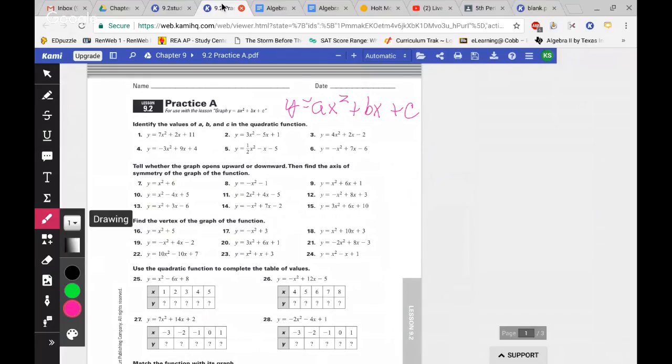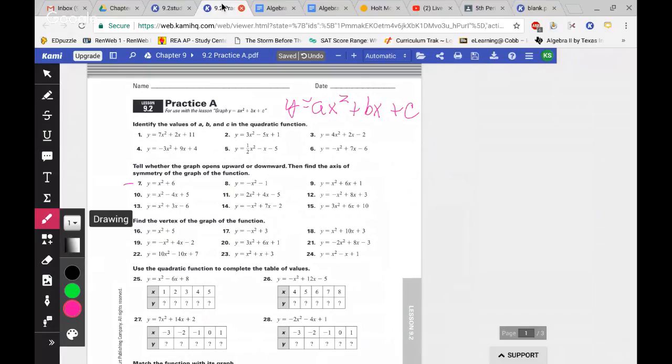So if the sign is positive, it opens upward. So number 7, the answer would be upward. On number 8, the sign is negative on the leading coefficient, so it would open downward. Okay? Got it. All right.